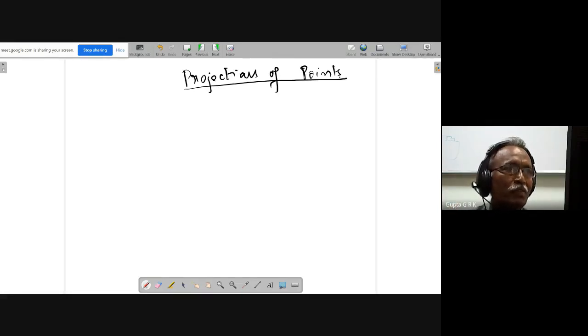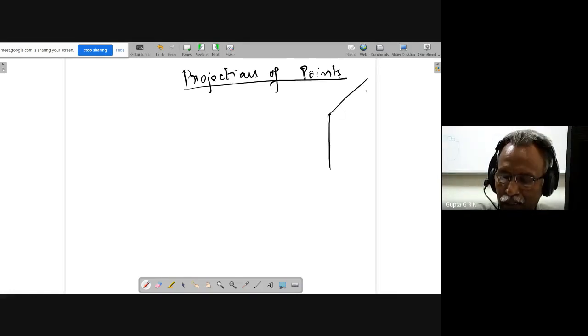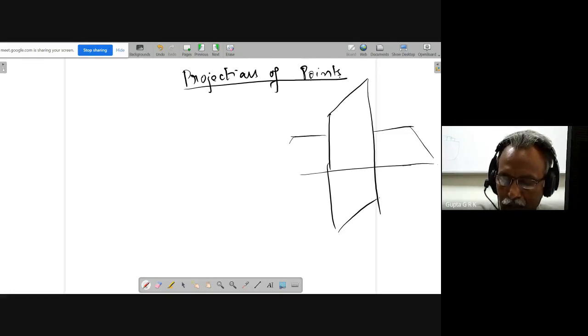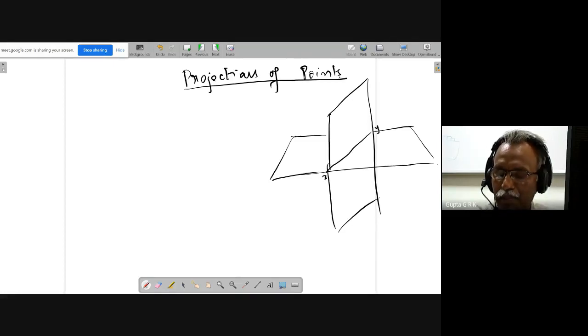But here, when we are doing projections of points, the point can be anywhere in all the four quadrants. Now we'll see again. I draw like this. So this is X1.